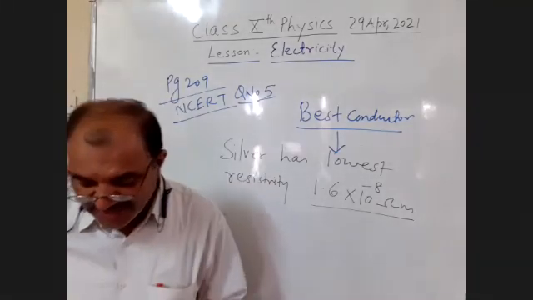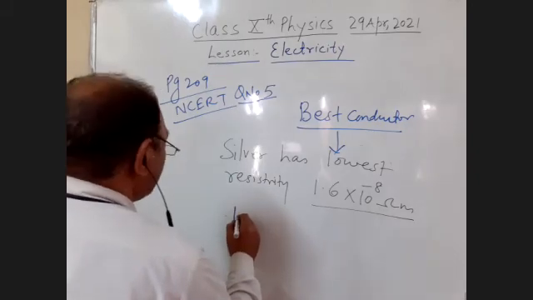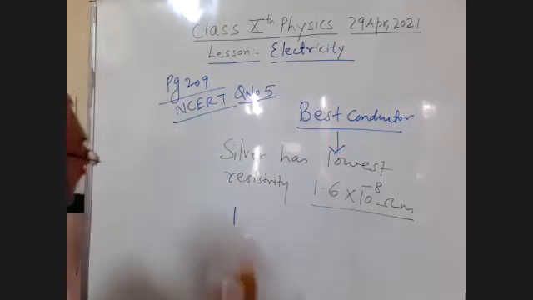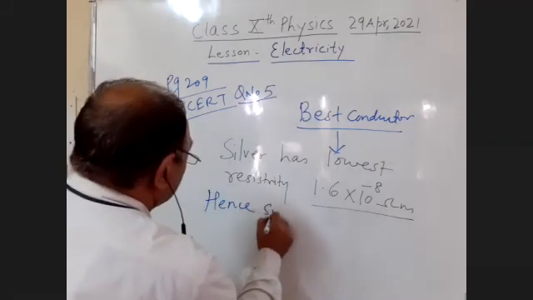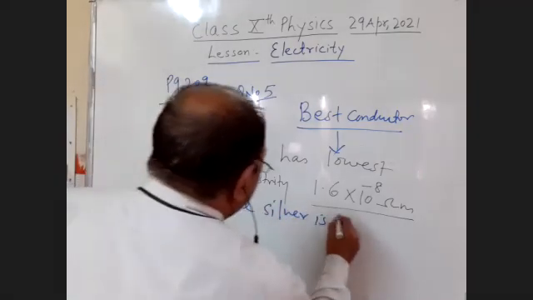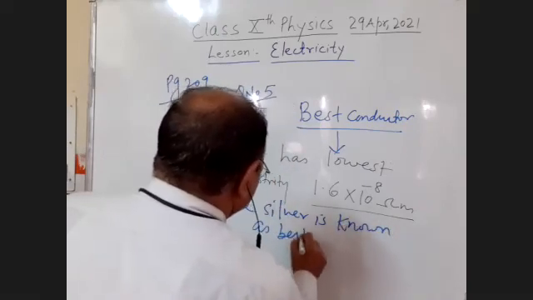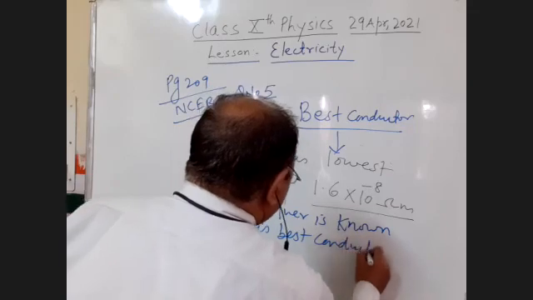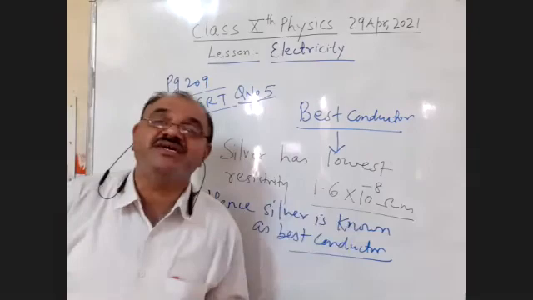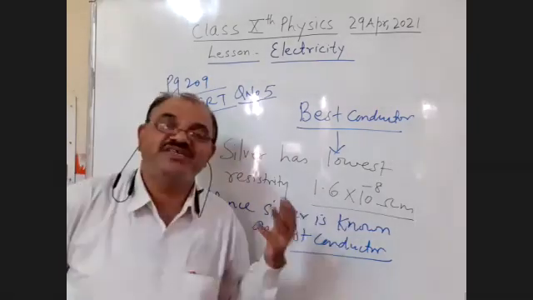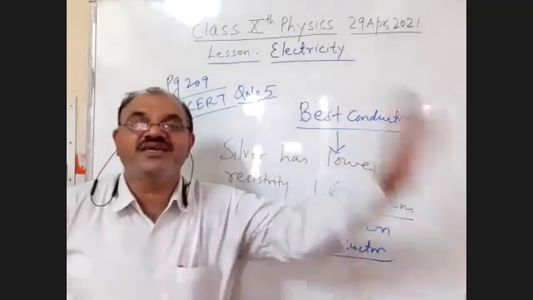That's why silver is known as the best conductor. Reason: because its resistivity is the lowest. Resistivity is at a very, very low level, which means conductivity is very, very high.